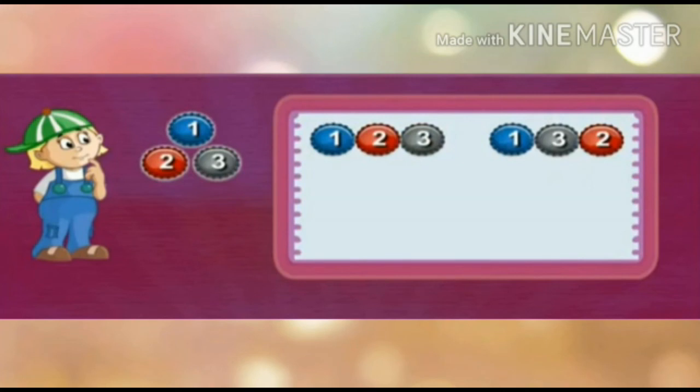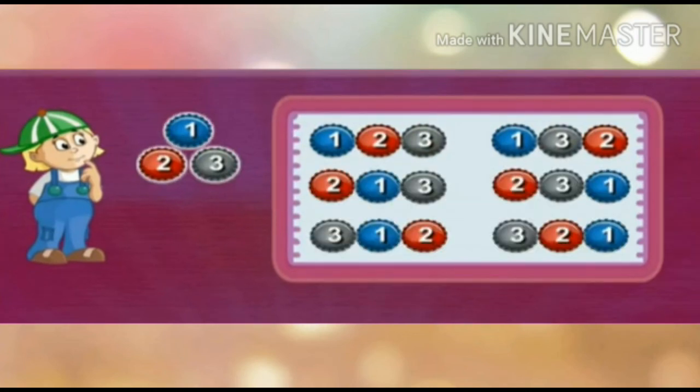Then we can have 132. Can you suggest some more? Yes, you're right. 213, 231, 312.